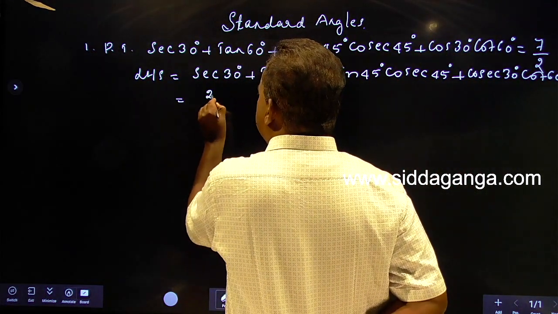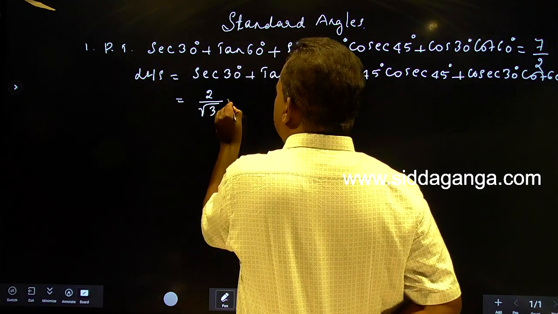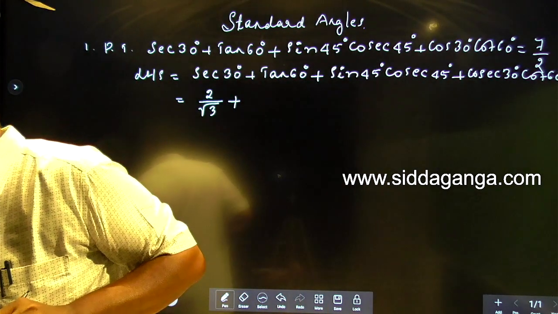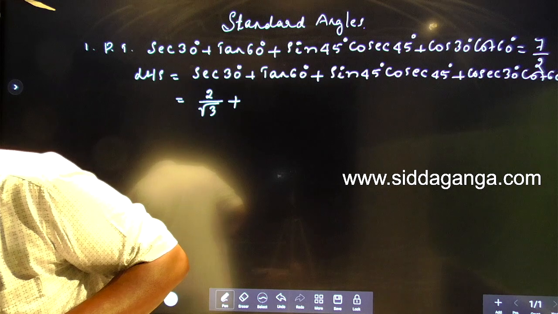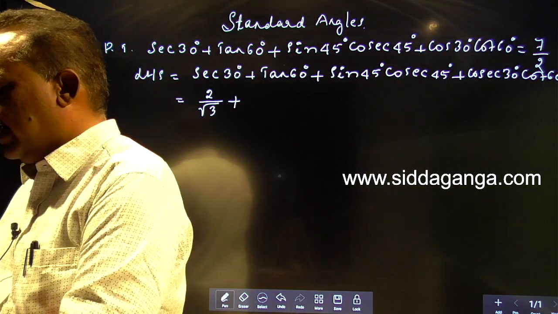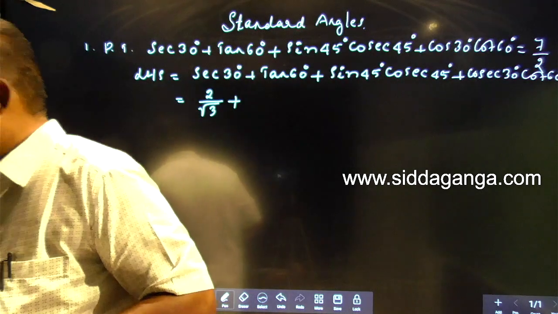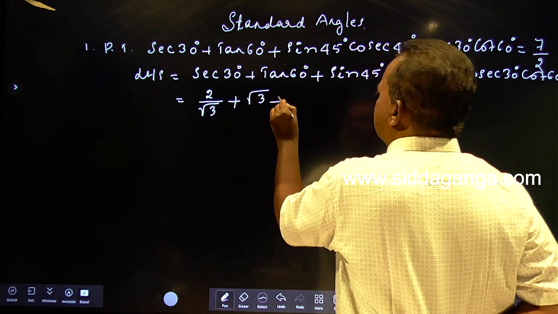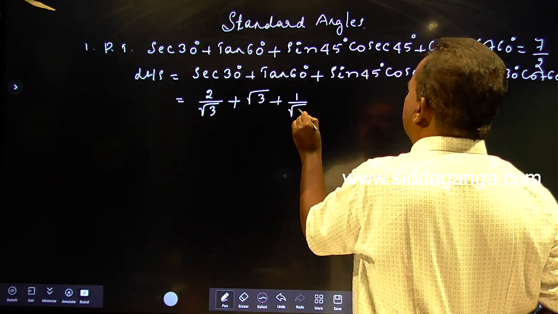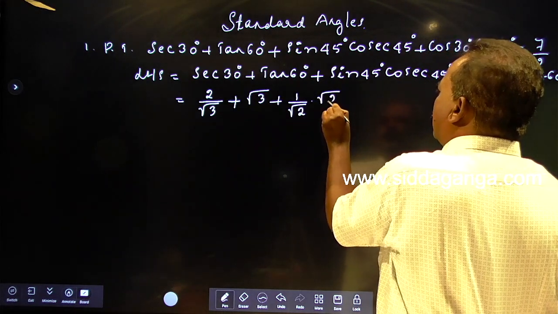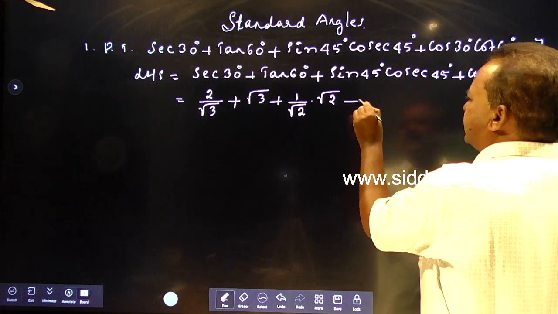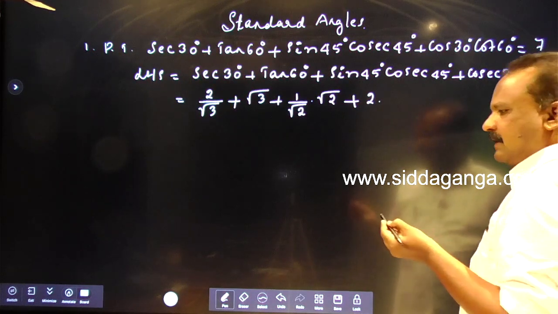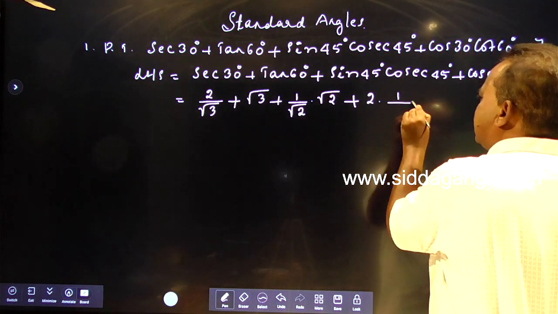So secant 30 value is 2 by root 3 plus tan 60, which is root 3, plus sin 45 is 1 by root 2, cosec 45 is root 2, plus cosec 30 is 2. Cot 60. What is cot 60? Reciprocal of tan 60. Cot 60 is 1 by root 3.